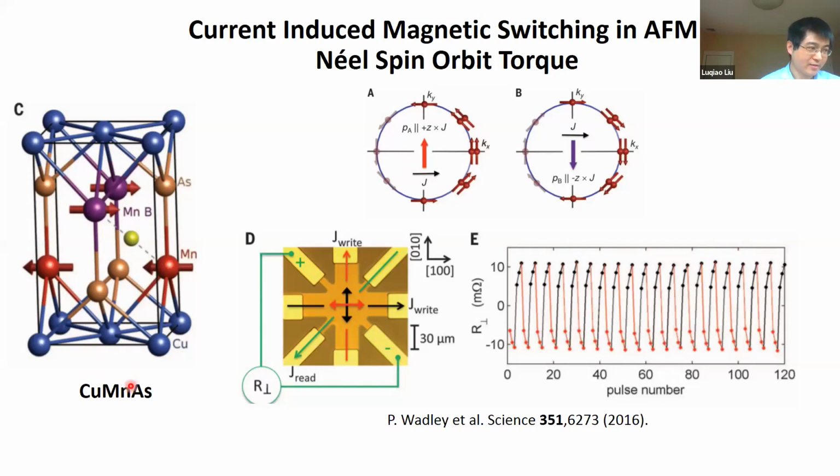They showed that in the semiconductor copper manganese arsenide, because of the local symmetry breaking at the two sublattice locations, the manganese atoms on the two sublattices see different local environments, and there is local inversion symmetry breaking. That gave the possibility to realize this kind of staggered field-like torque caused by spin-orbit interaction. Utilizing this spin-orbit torque, they realized switching of the Néel vector along two orthogonal directions. I think this is a groundbreaking work, which provides hope of realizing useful spintronic devices out of antiferromagnets.